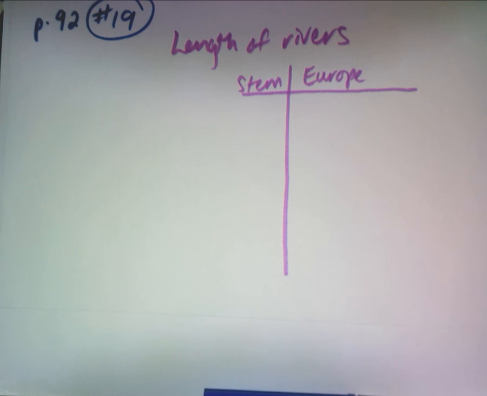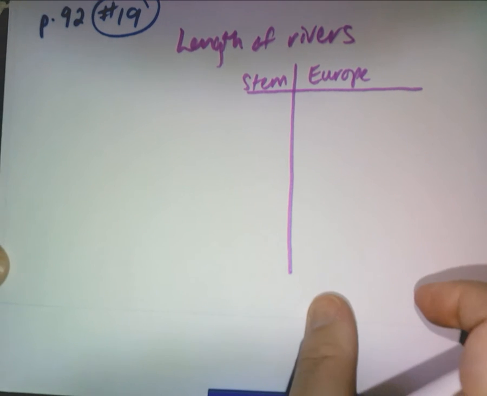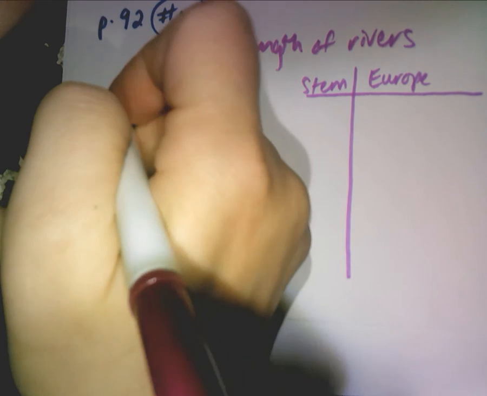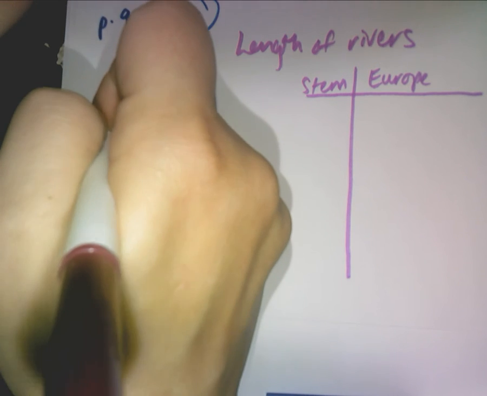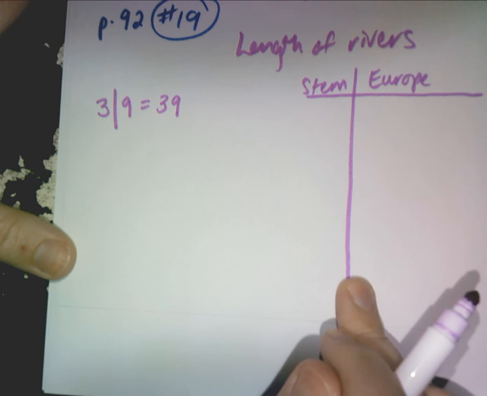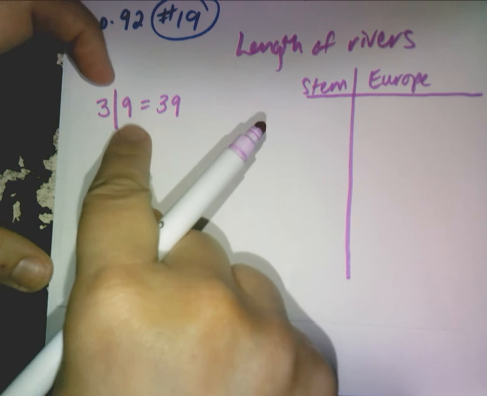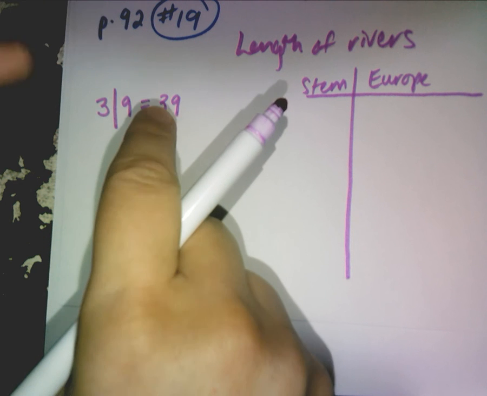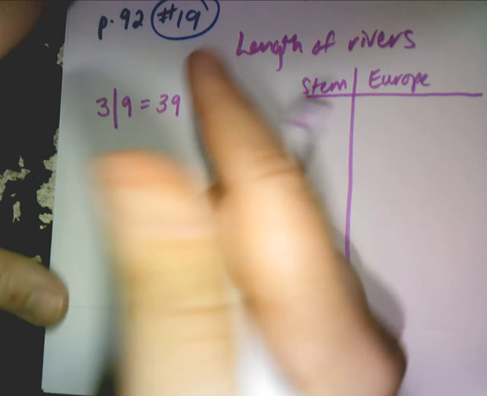Now, if you don't remember what a stem is, in a stem and leaf plot, usually you give us a key, and I'm going to show you what I mean by a key. 3 | 9 equals 39. Have you ever seen that before? And if I had another 9, I would put a 9 after it, and so I would have two 39s. This is the stem.